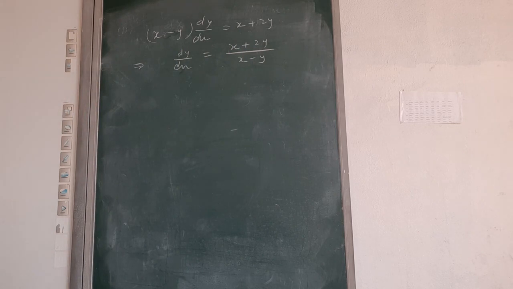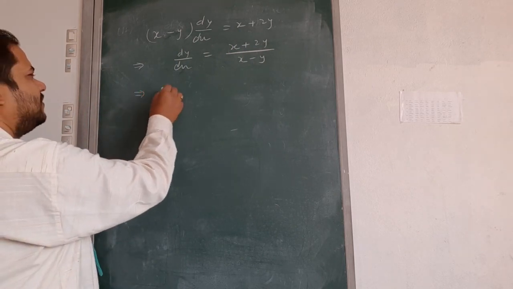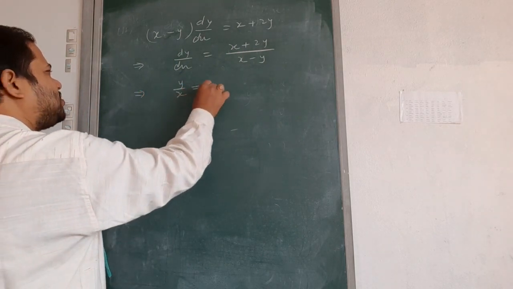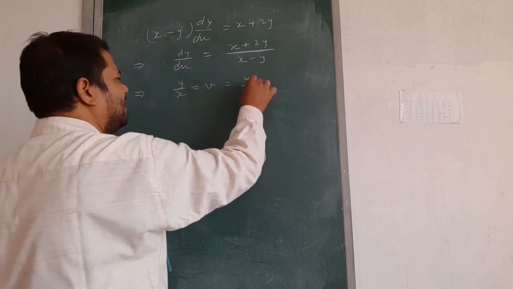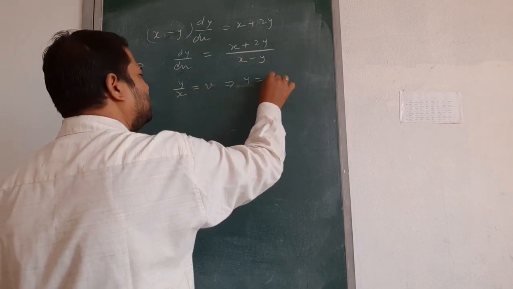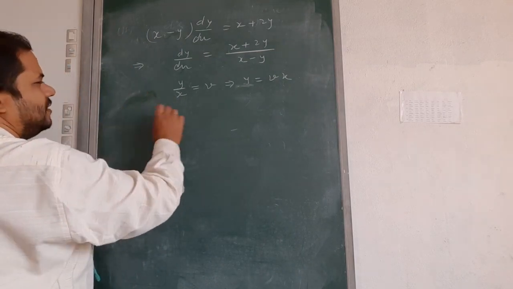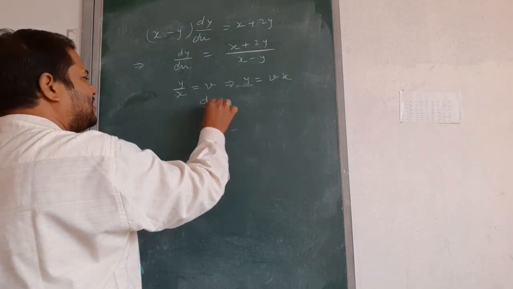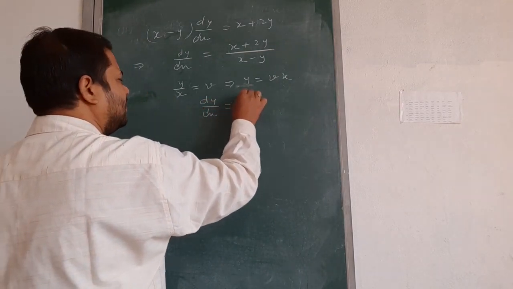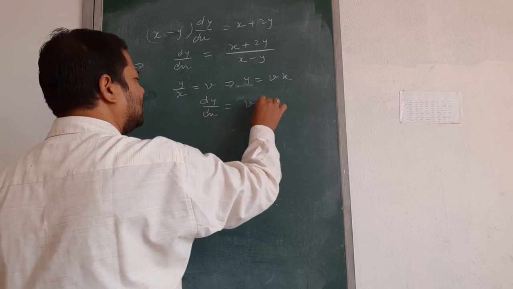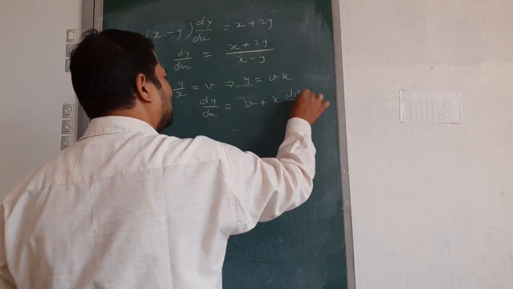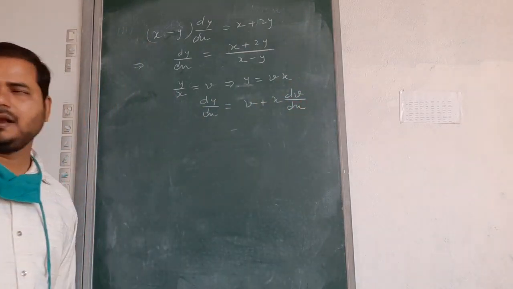Now put y by x is equal to v, that is y is equal to vx. So from this, what is dy by dx? It is v plus x dv by dx. Clear?